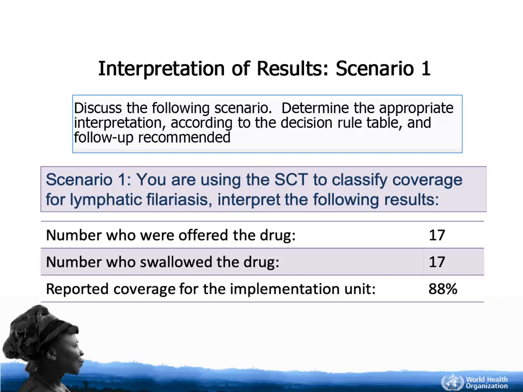This is because 17 is greater than 16, which is the minimum number listed in the table for classifying the supervision area as good for lymphatic filariasis. This appears consistent with the reported coverage of 88% in the implementation unit, as this number is also above the target threshold of 65%. We also do not see an issue with non-compliance, as everyone who was offered the drug actually swallowed it.